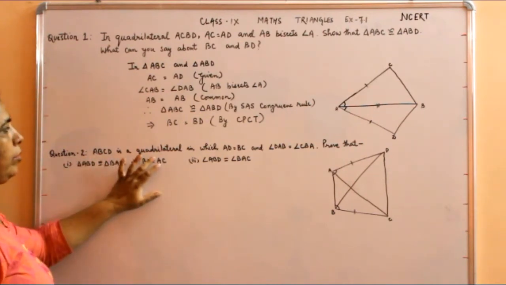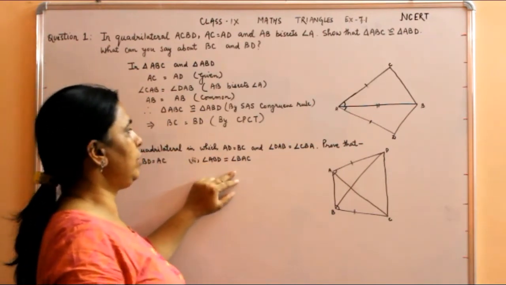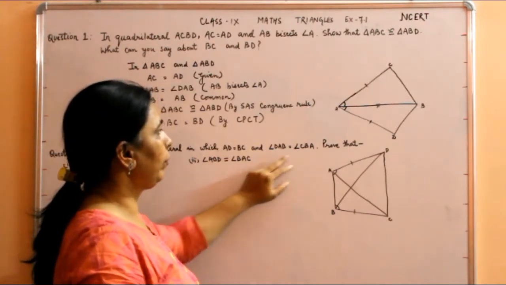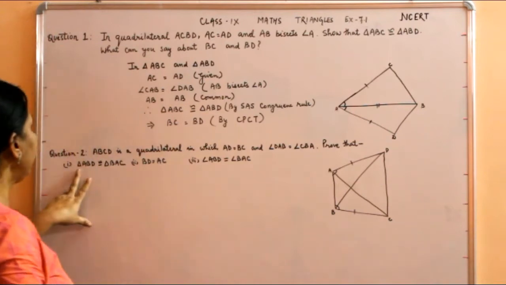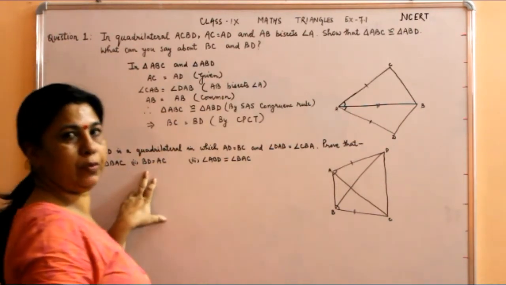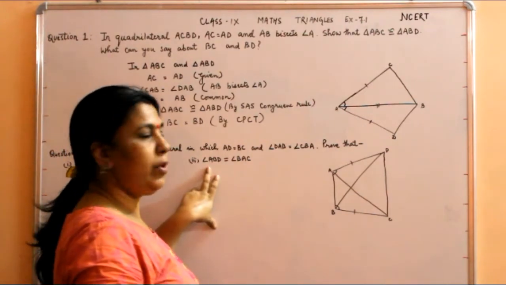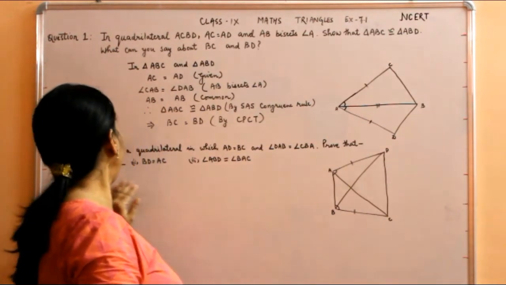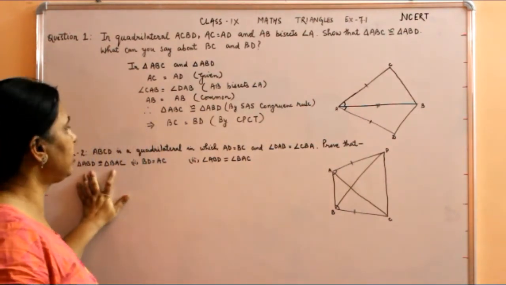ABCD is a quadrilateral in which AD is equal to BC and angle DAB is equal to angle CBA. We have to prove that triangle ABD is congruent to triangle BAC, BD is equal to AC, and angle ABD is equal to angle BAC. First of all, we have to prove that these two triangles are congruent.